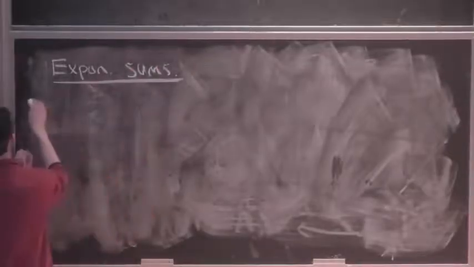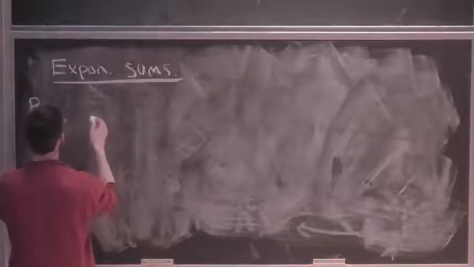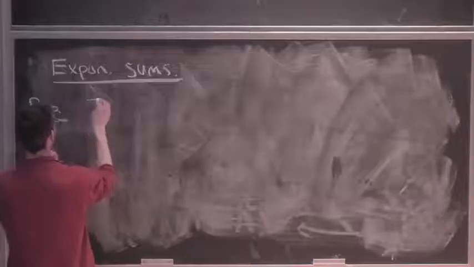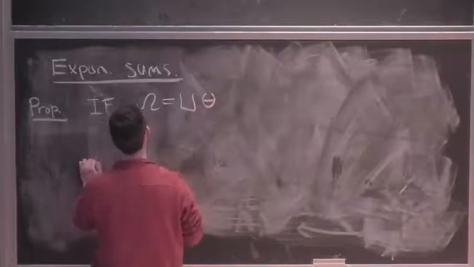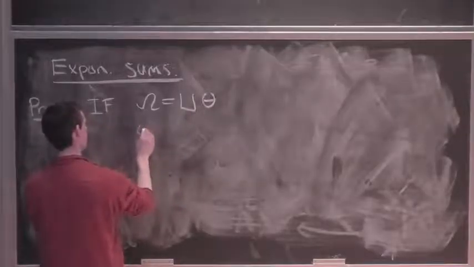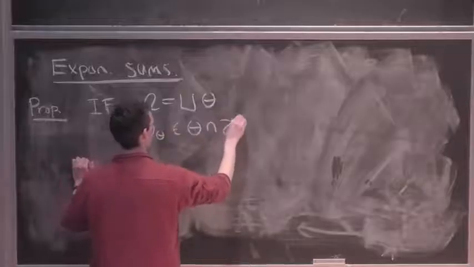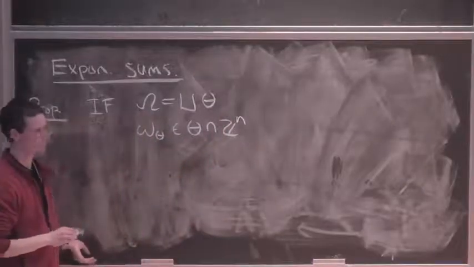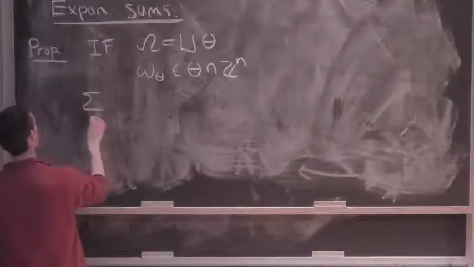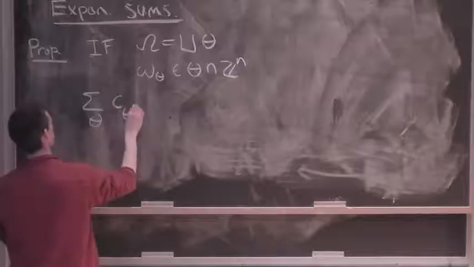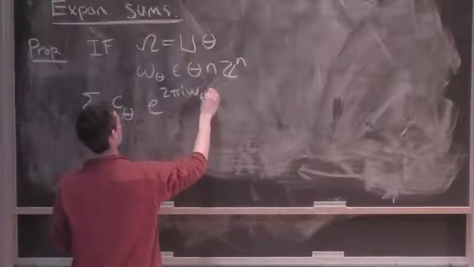And there's a general connection between exponential sums and decoupling. So it says the following thing. If I have a decomposition, omega is a disjoint union of some thetas. And for each theta, I pick a point, omega theta, which is a point in theta, but it's also an integer point. So I'll be interested in exponential sums where the frequencies are integers. OK, and then I look at this exponential sum. I sum over theta with some constant c theta, e to the 2 pi i omega theta x.